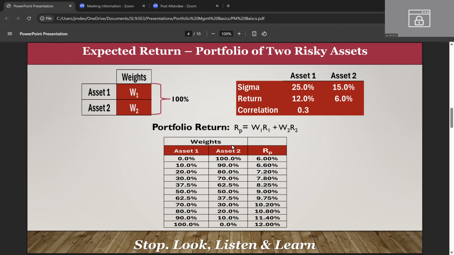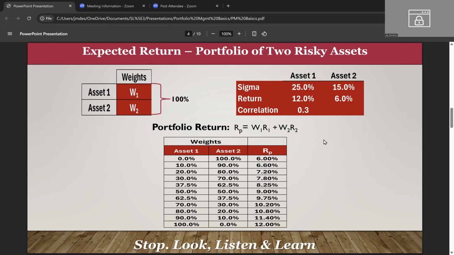And so in each of those two cases, the amount of the return that the portfolio will produce would be a function of the returns of the asset that the portfolio was invested in, right?